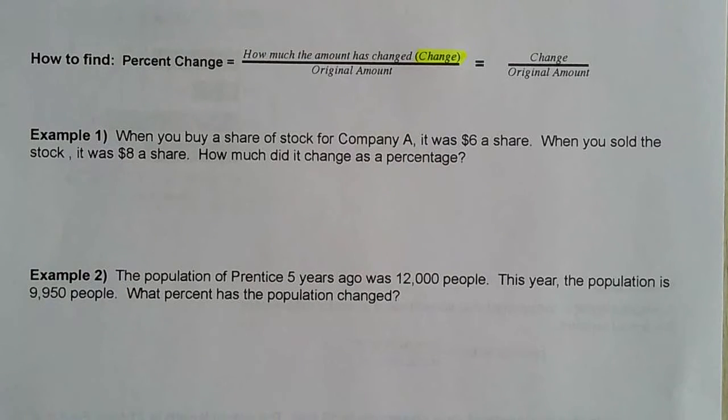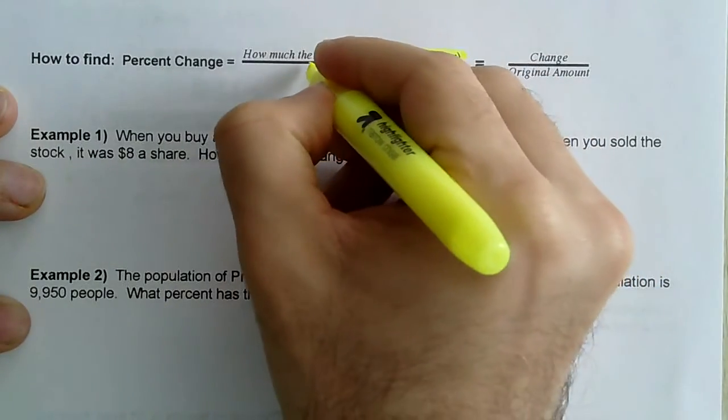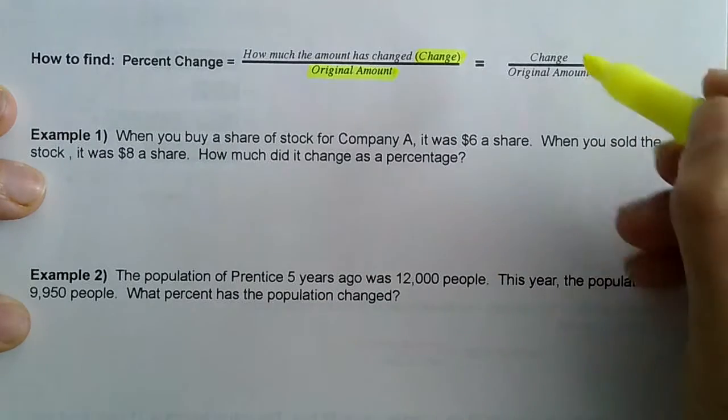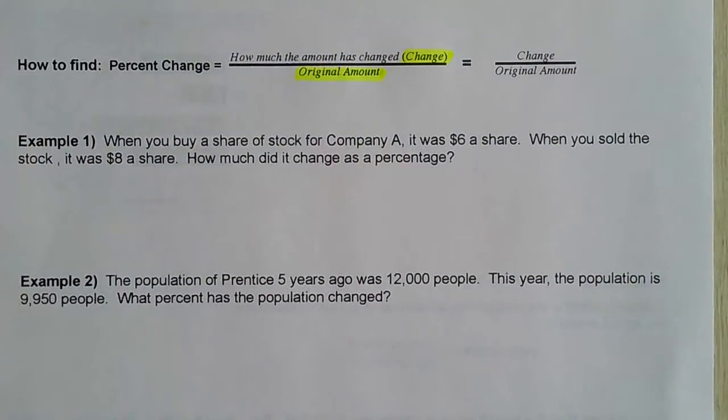And we're going to divide that by where it started, the original amount. So these are the two big pieces we have to find: the change, divided by the original amount. That's going to give us our percentage. Then we would label that percentage as an increase or a decrease based on which direction it went.